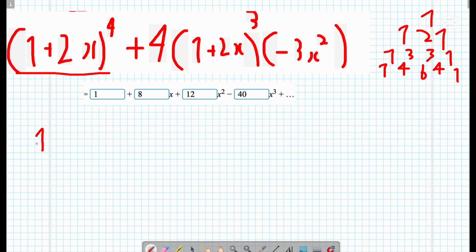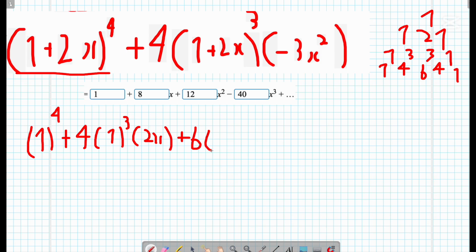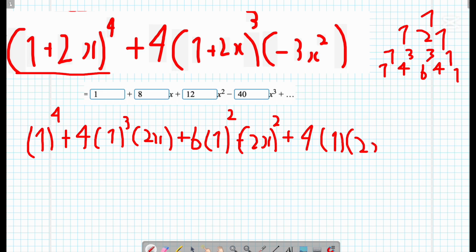First, let's start with 1 to the 4, plus 4 times 1 cubed times 2x, all to the power of 1, which is 2x, plus 6 times 1 squared times (2x) squared, plus 4 times 1 times (2x) cubed.